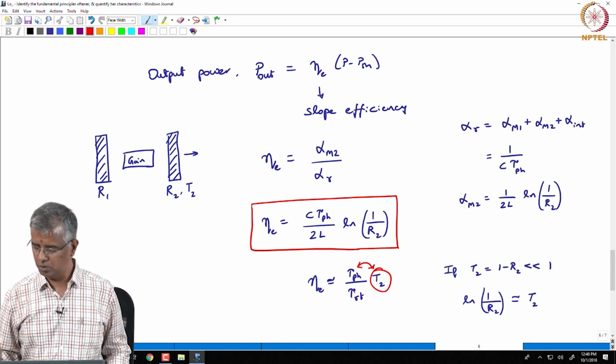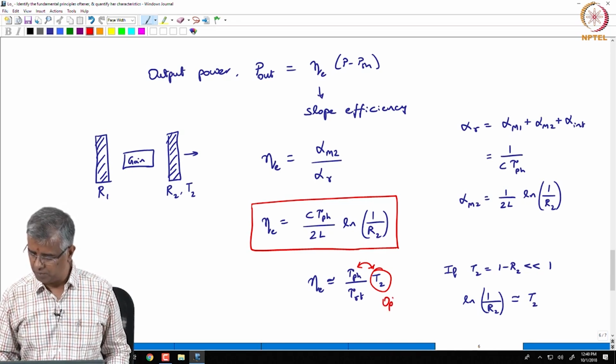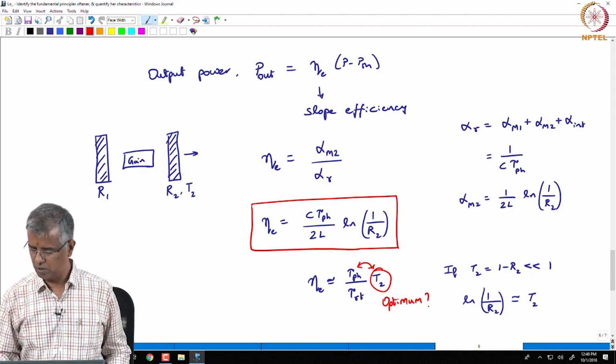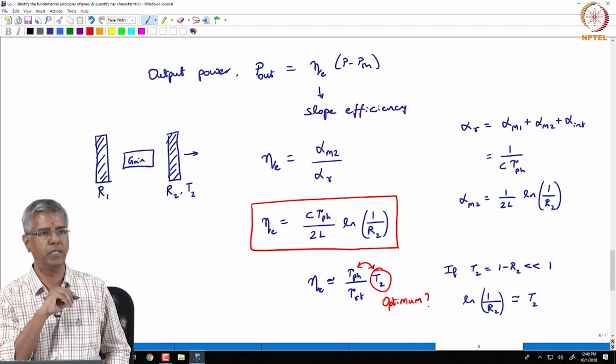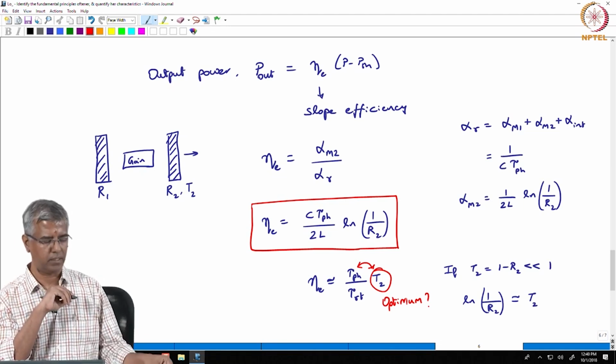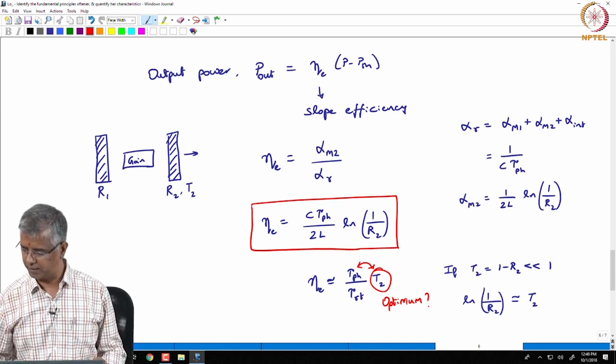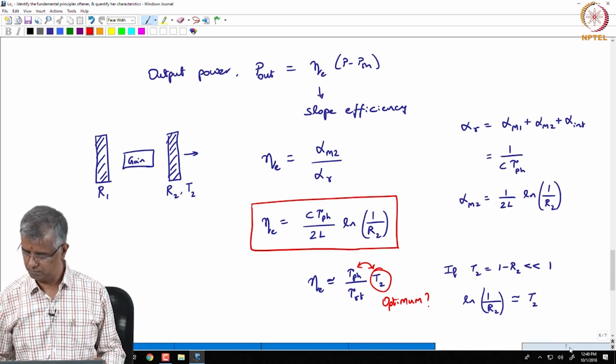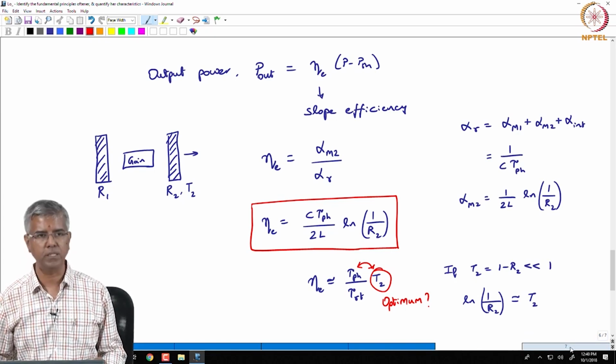So, there is an optimum value for T2 which you need to figure out. So, let us try to figure that out. Any questions up to this point?